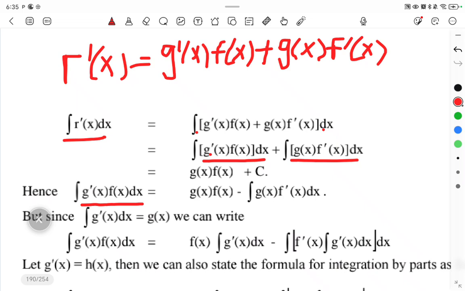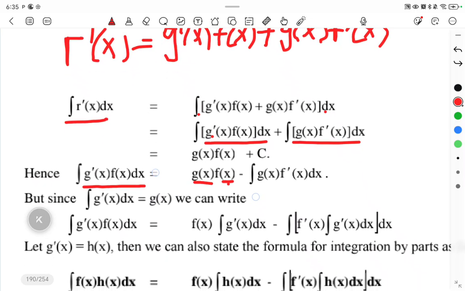To integrate this, we keep the original function first, minus the integral of the opposite, which is g(x) times f'(x) dx.